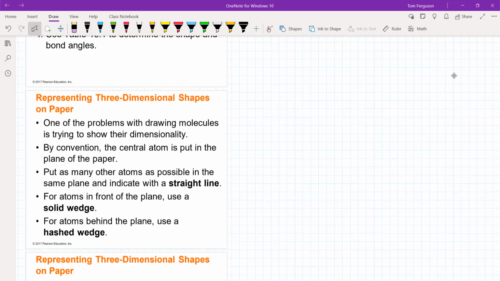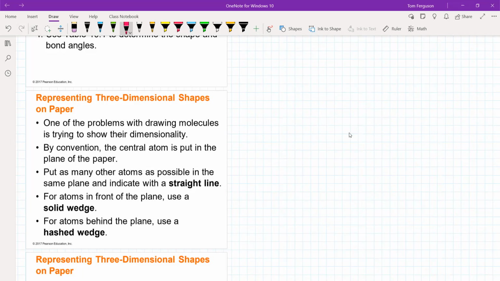Now the problem with paper, it's 2-dimensional. In real life, everything is 3-dimensional or 4-dimensional, whatever. The main thing is, how do you represent 3-dimensional objects on 2-dimensional paper? And what they've come up with is a concept that allows you to visualize somewhat.